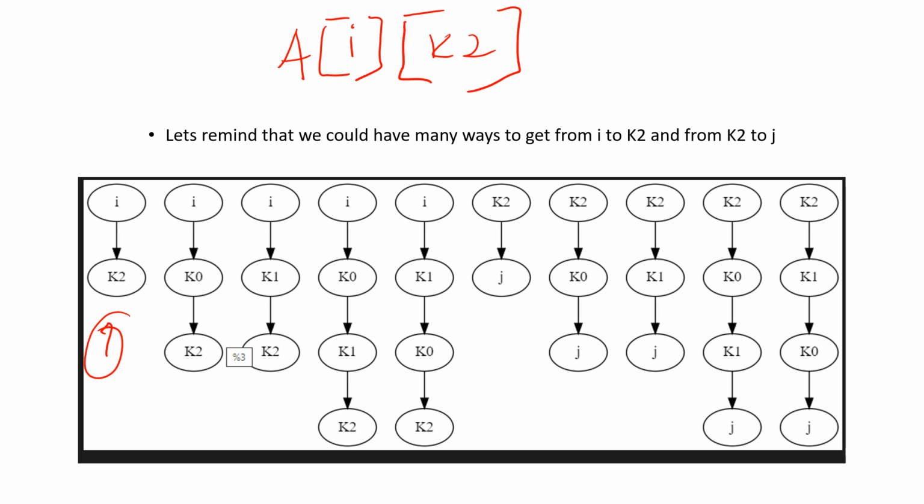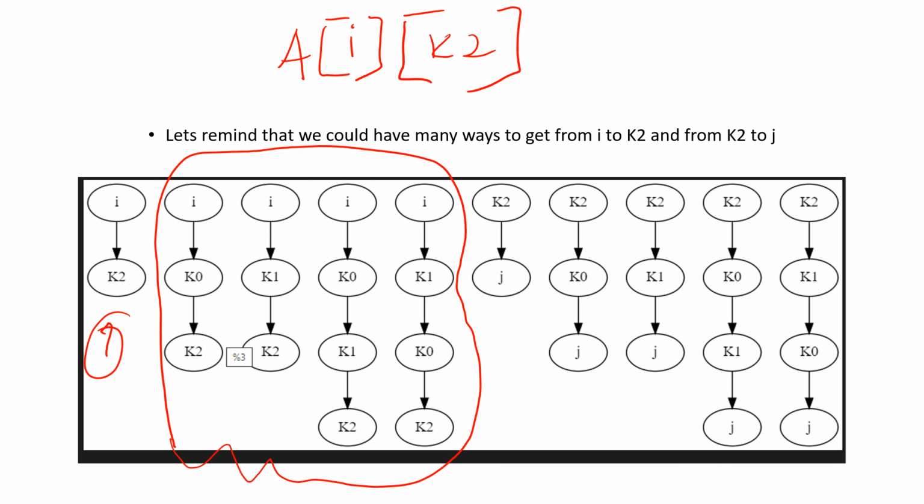But this would mean that there have been previous comparisons that also consider all of these options here as well. Maybe because we have had to consider in the first stage K0 as the potential middleman. So this is like the second option that A[I][K2] could be.